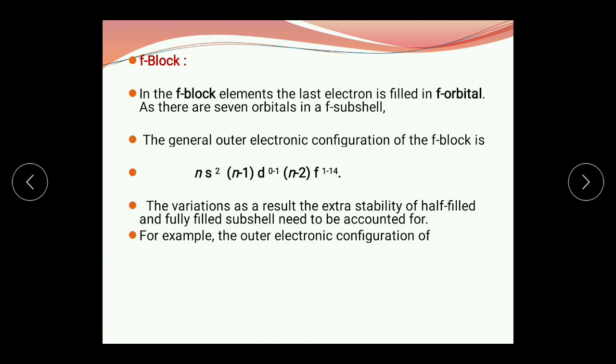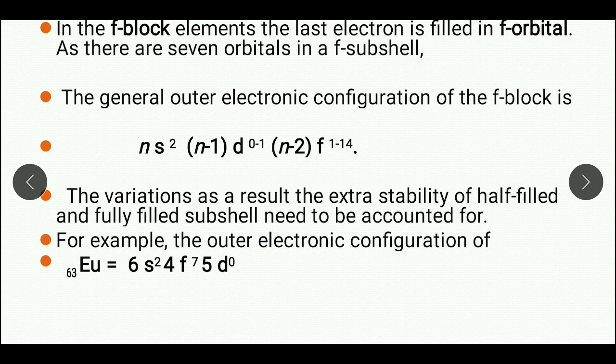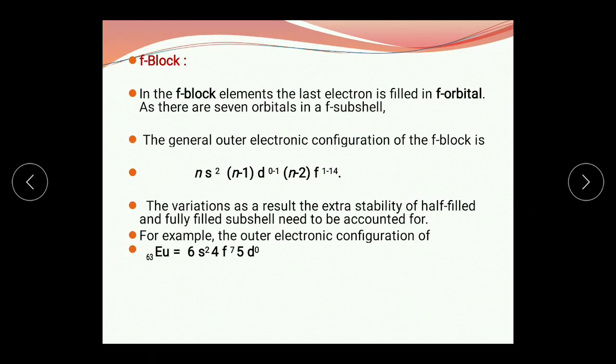Hence, if we write the outer electronic configuration of one element, europium, it is an exception again. You will get 6s2, 4f7, 5d0. Actually, 4f6, 5d1 should be the electronic configuration. But to get an exactly half filled f subshell, the d electron moves to the f subshell.